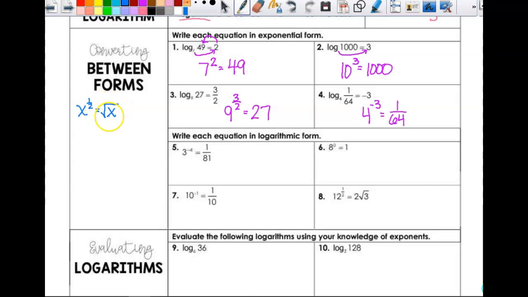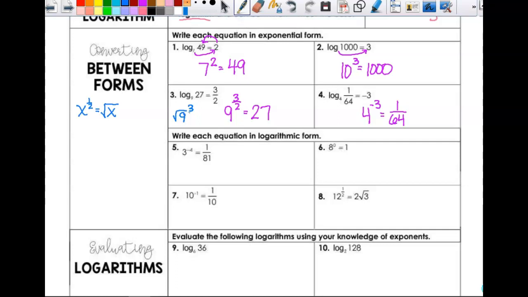Square root of x, right? Remember that with your fractional exponents? So 9 to the 3 halves power, that's the same thing as taking the square root of 9 and cubing it. Square root of 9 is 3, 3 cubed is 27. Okay, that's the way those work.